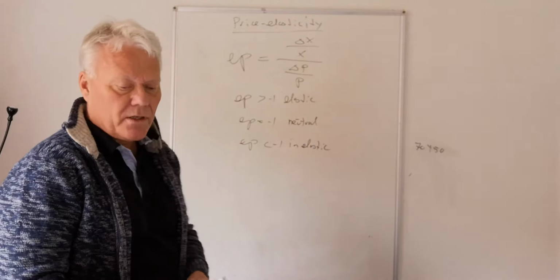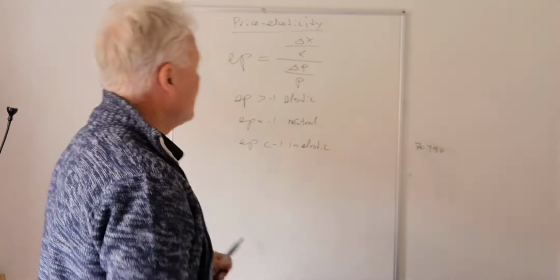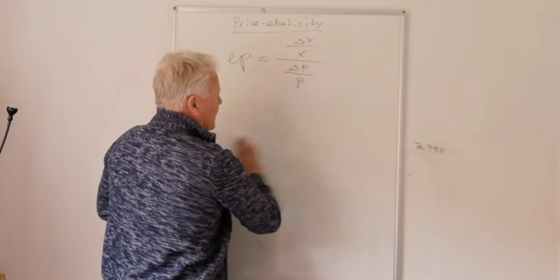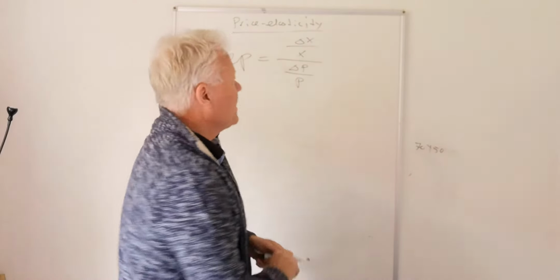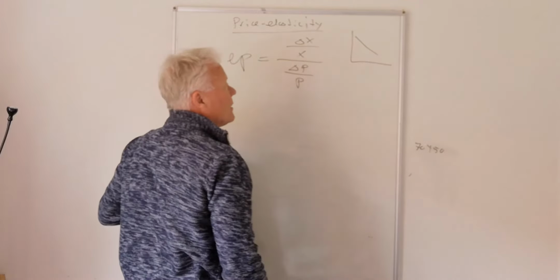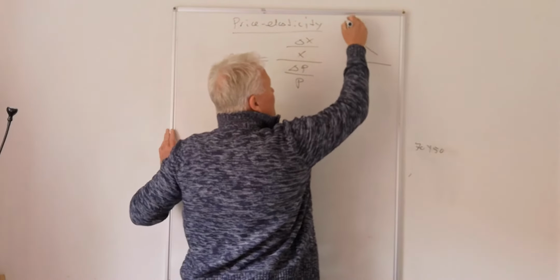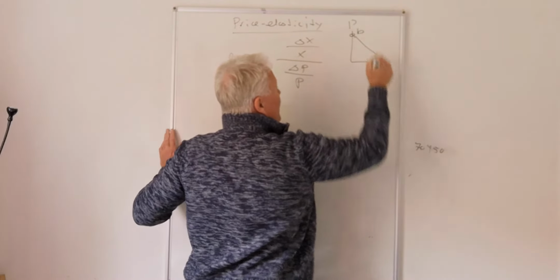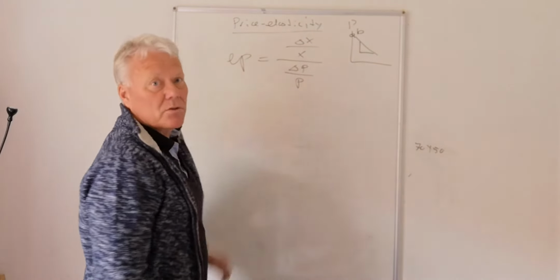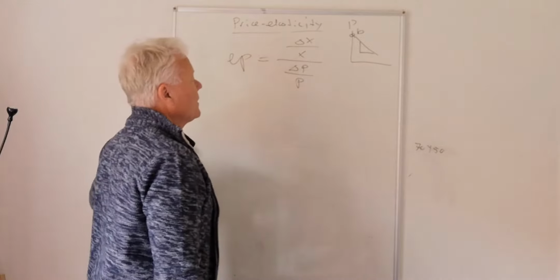So those are the three definitions that we are going to look at now. The reason why it's minus is because it's oftentimes a downward-going slope. We have the intersection with the P function up here, it's called B, and then if you lower the price, a number of units X will be sold.